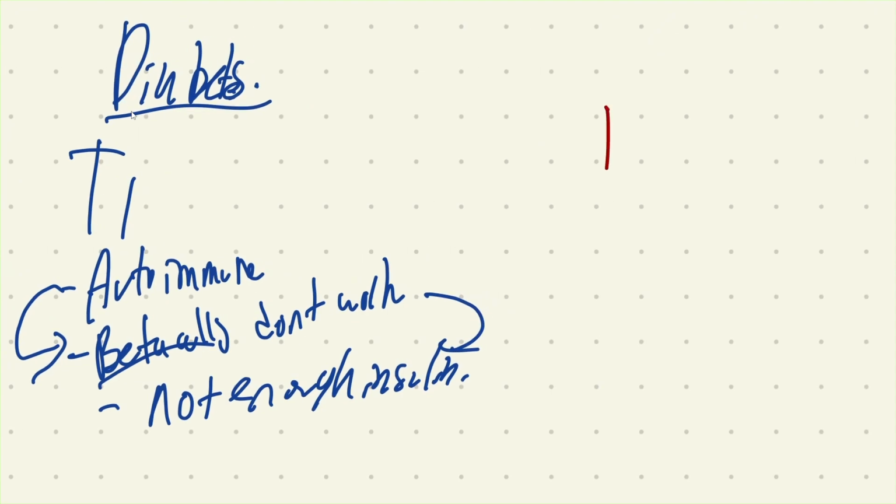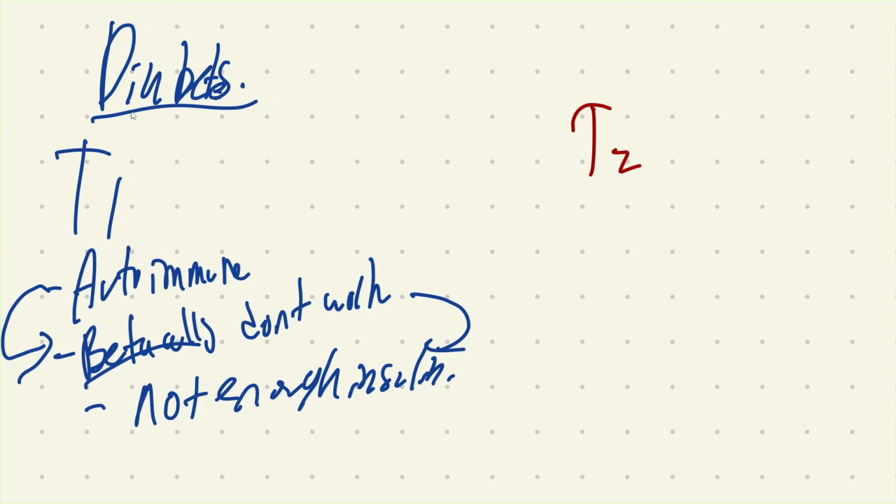Then there's type 2. Type 2 is the one that adults usually get. This is where you make enough insulin, but there's decreased responsiveness.